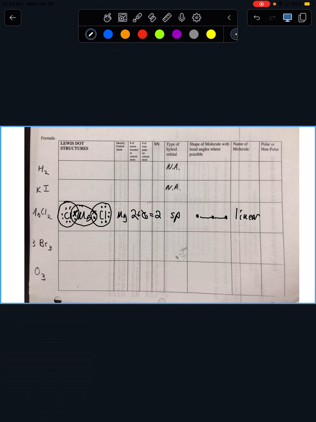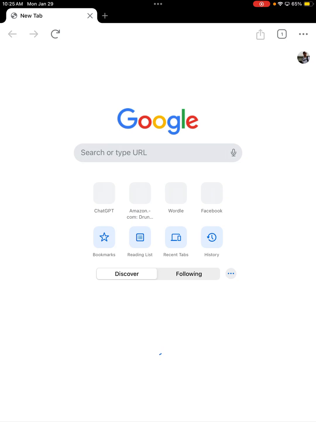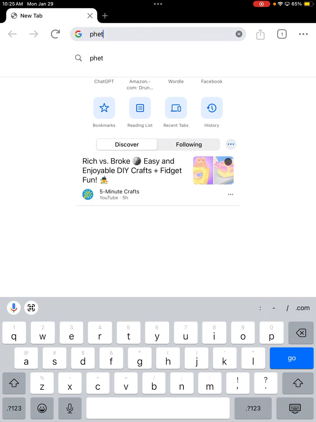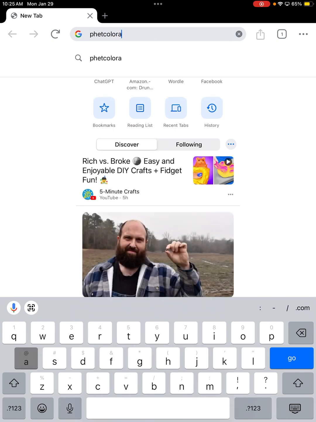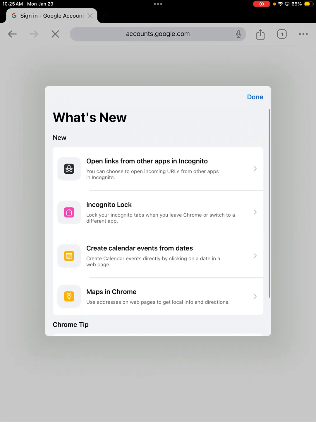And then you can build the molecule, or we'll see if this works. It may not work. Sometimes this thing blocks me.